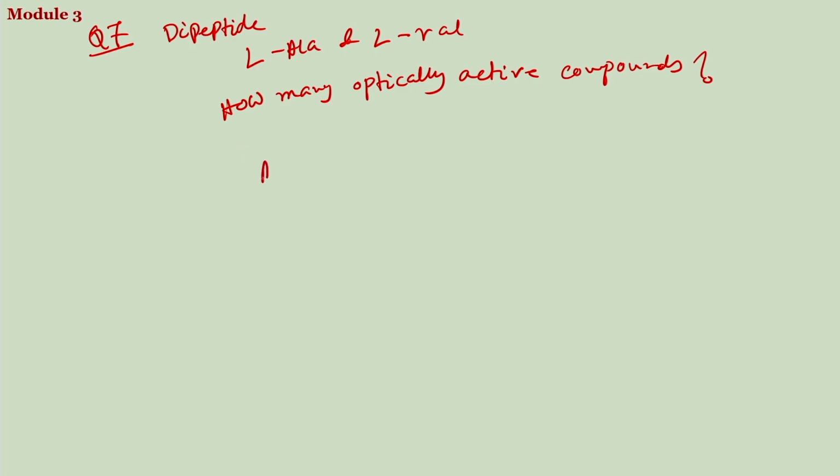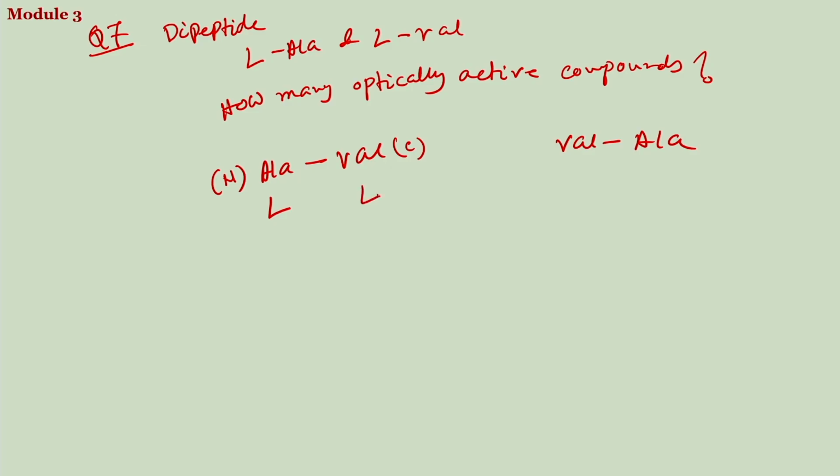Very simple answer. Here you have only one stereoisomer of alanine, only one stereoisomer of valine. So your dipeptide can be N-alanine with C-valine, or you can simply write alanine valine, and in the other case you can write valine alanine. The stereochemistry is locked.